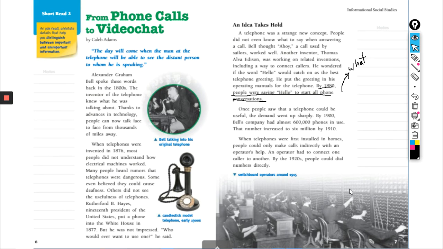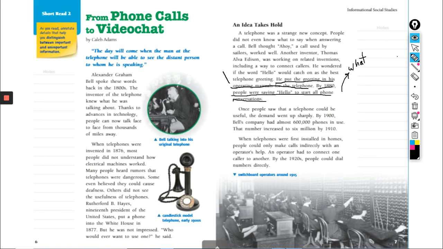Now I can look here back in my text and I can see we're going to see if Miss Ruby can get this organized here. Okay, I can actually see here that it says Thomas Alva Edison was working on related inventions, including a way to connect callers. He wondered if the word hello would catch on as the best telephone greeting. He put the greeting in his operating manuals for the telephone.